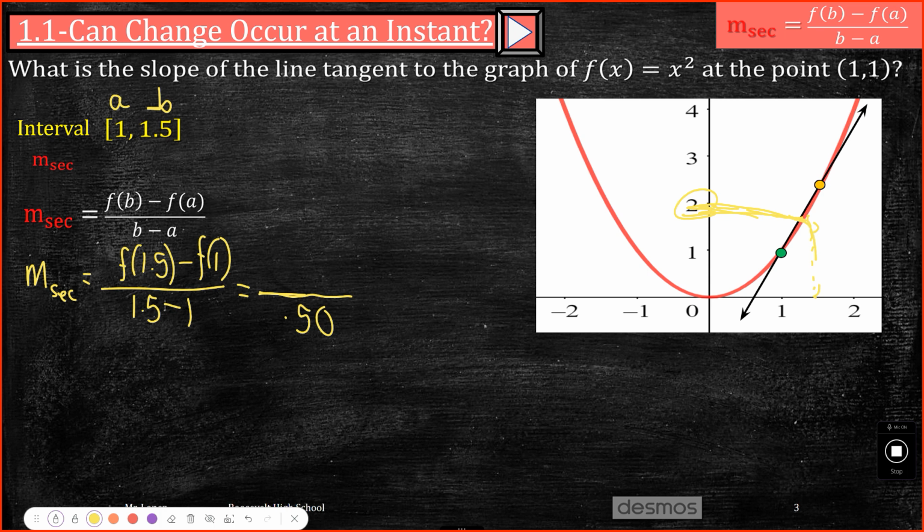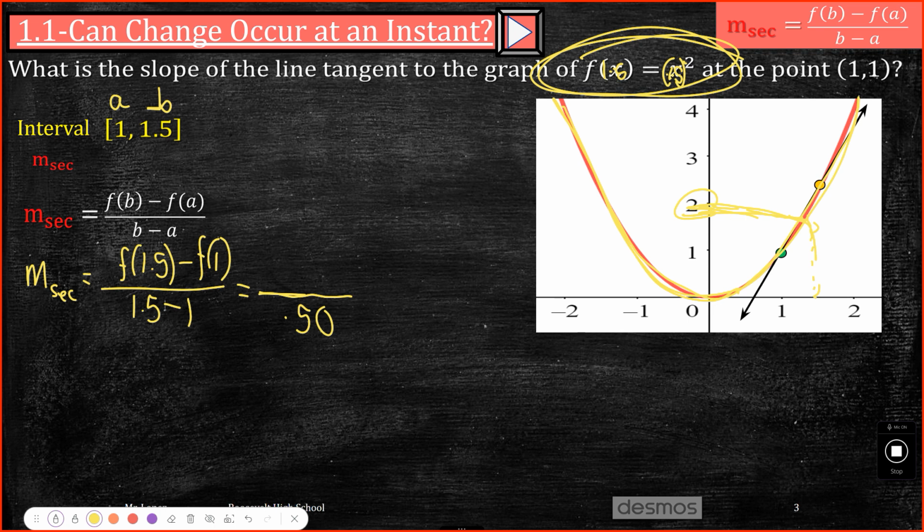But if you understand that this is this, then you can plug in 1.5 for f of 1.5. So plug in 1.5 for x here, and then you can do 1.5 squared.